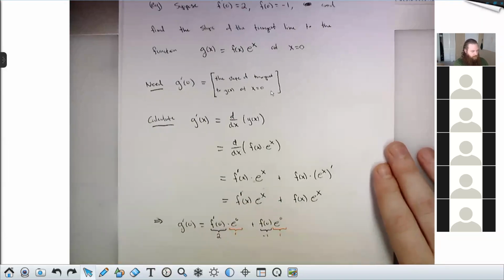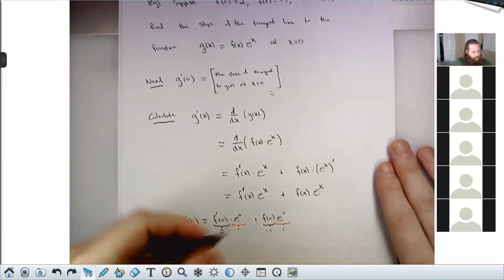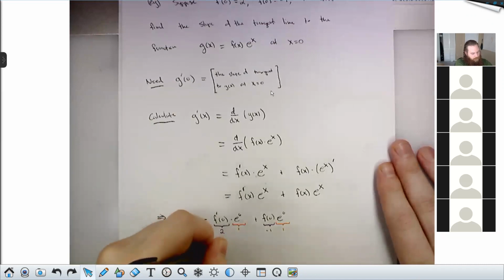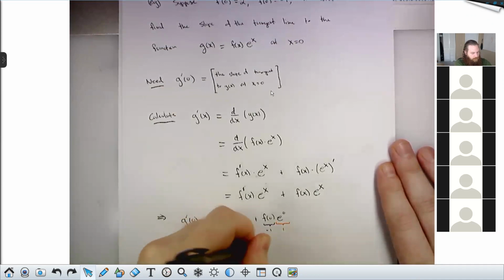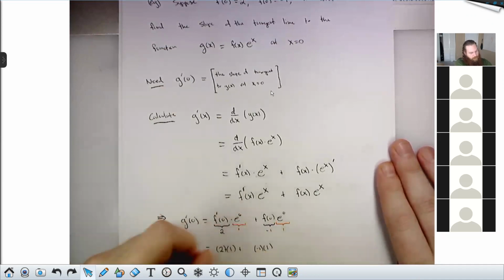So this whole apparatus here, g primed of 0, is 2 times 1 plus -1 times 1, which is 2 minus 1, which is 1.